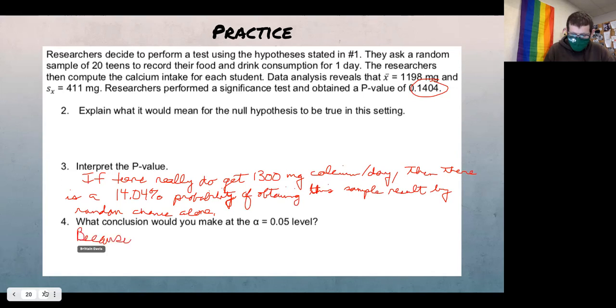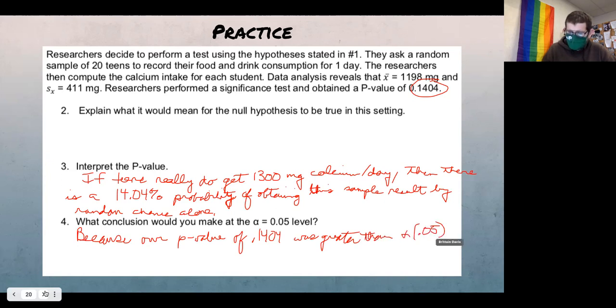Because our p-value of 0.1404 was greater than alpha 0.05, we fail to reject the null hypothesis. And you could write out null hypothesis, you could put H sub naught.